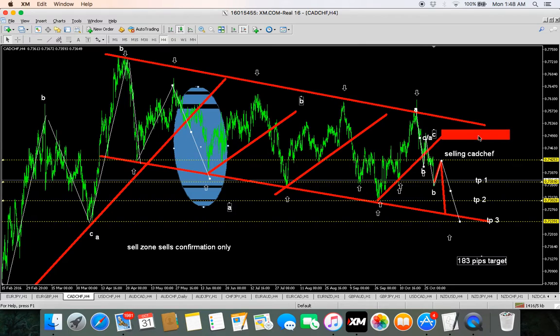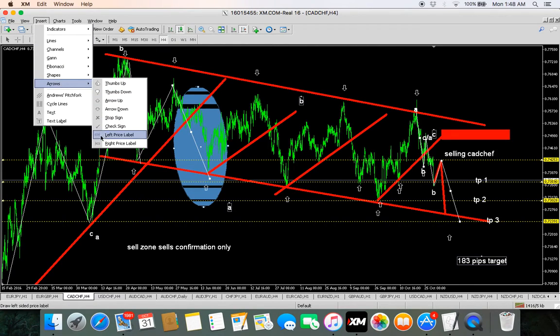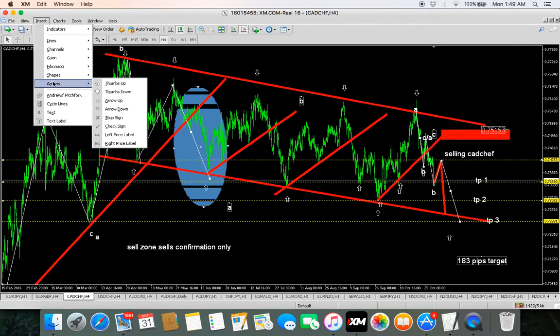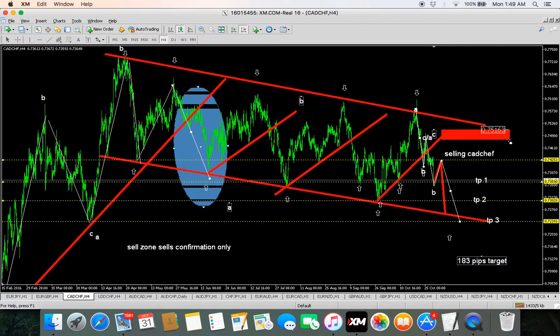Anywhere within this box, let me put this line so that you know. Within this zone is your stop loss area, and your buy area is this one.